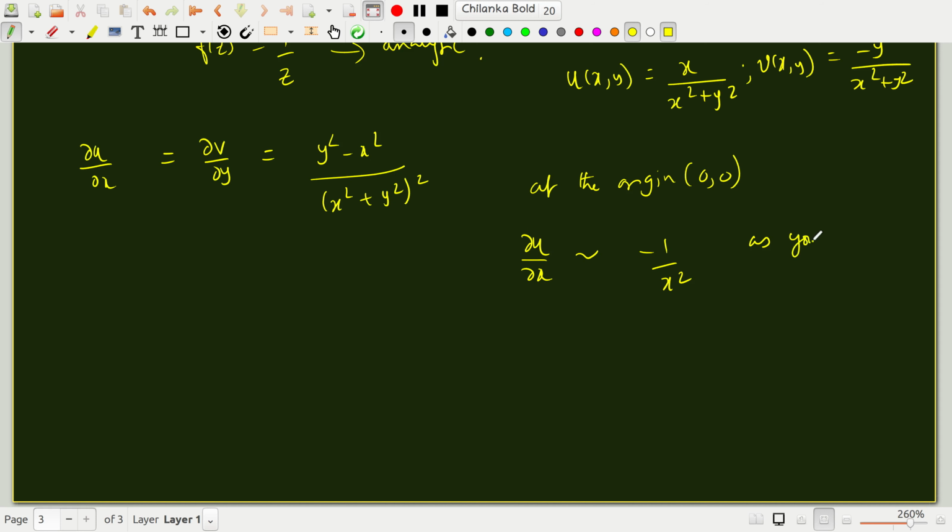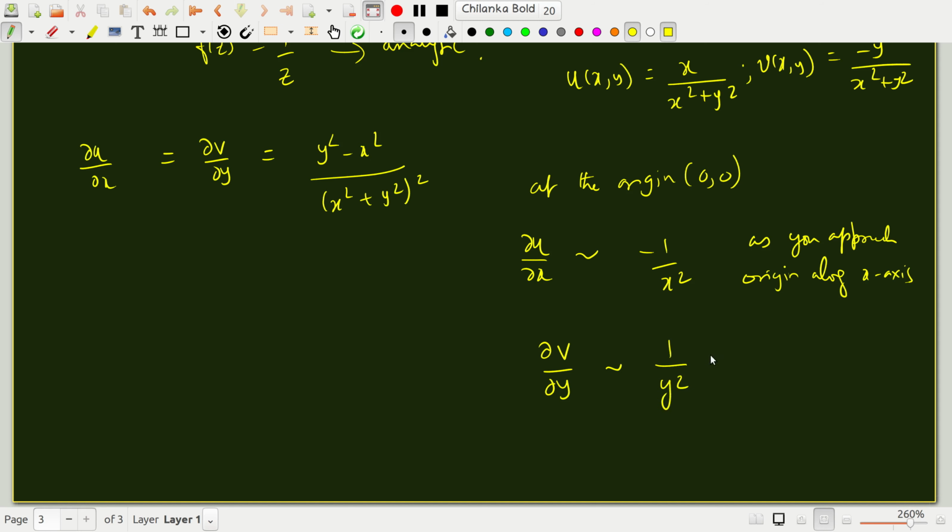On the other hand, partial v partial y, if you look along the y-axis, taking x equal to 0, will go as 1 over y squared, I'm sorry.